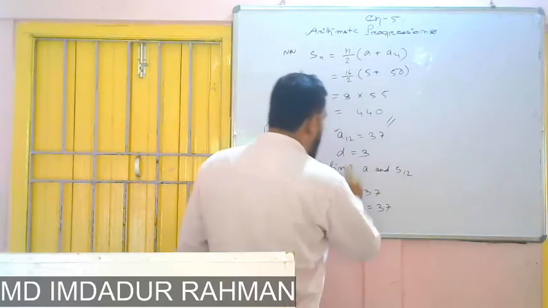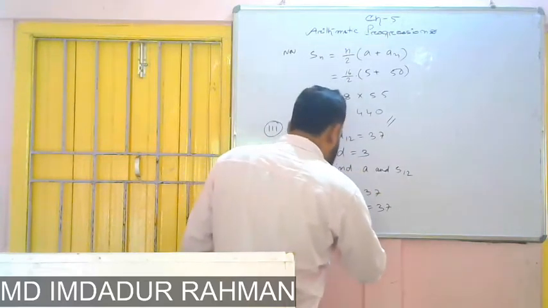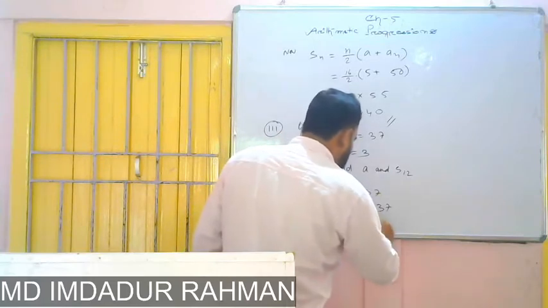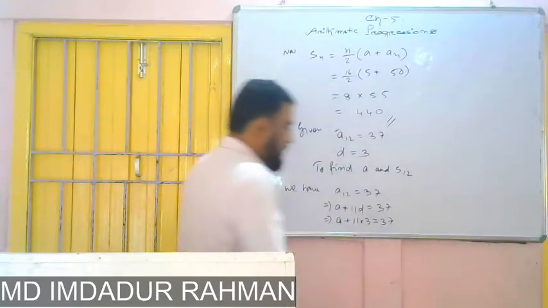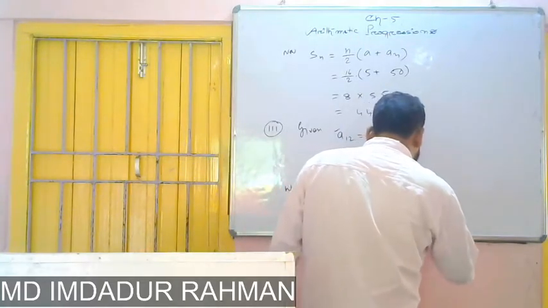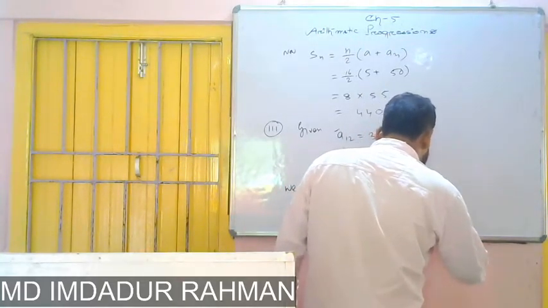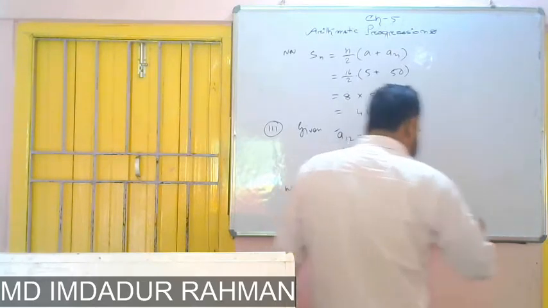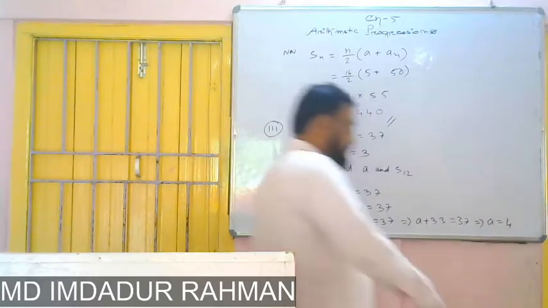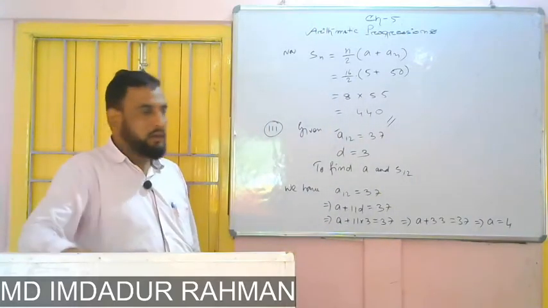What is the value of A? Don't know. So A plus 11 into the value of D, which is 3, is equal to 37. Implies A plus 33 is equal to 37, implies A is equal to 4. So the value of A we got.